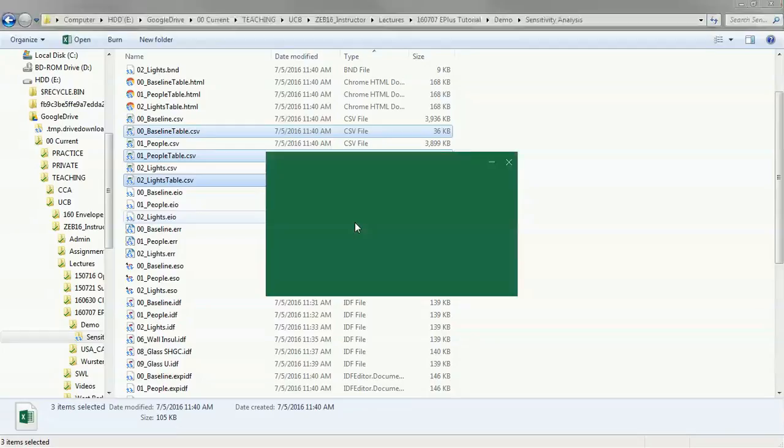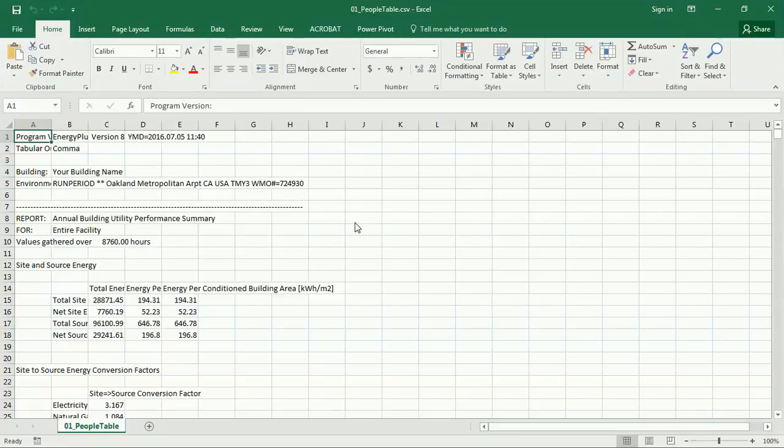And it's possible, I'm waiting for my computer to open them now, to do this kind of rapid fire where we've got the baseline file.